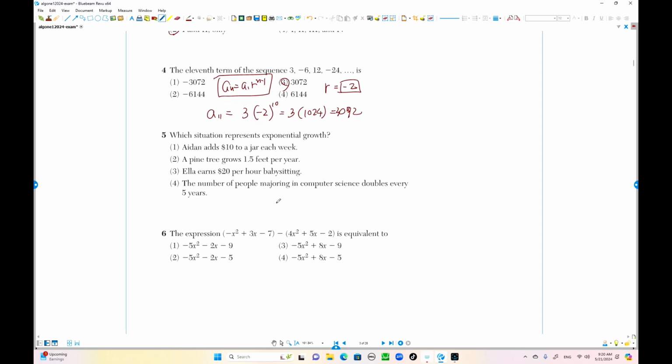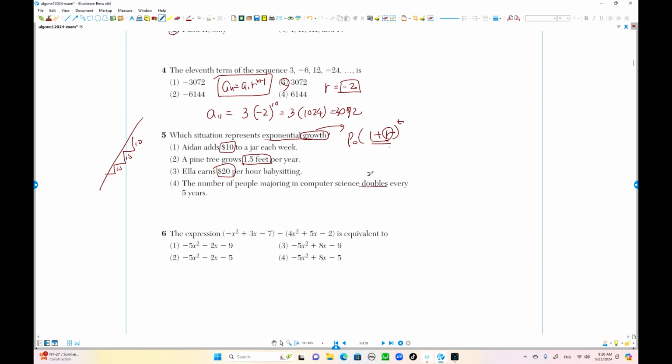Which represents exponential growth? Exponential growth is 1 plus r, times t, something like this. This one should be a percent. Add $10, every time $10 increased. This is 10, this 10, this 10, that is linear. So constant increase or decrease is always linear. This is a constant number.